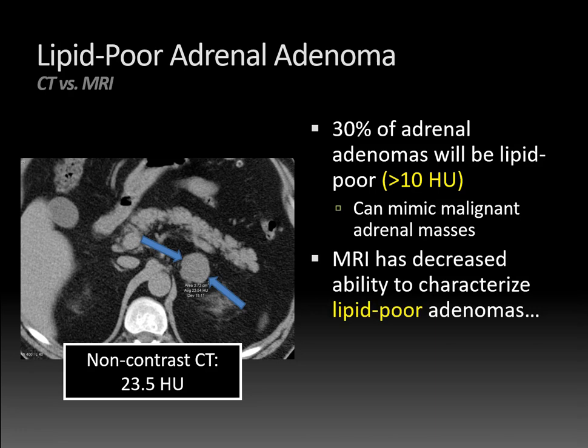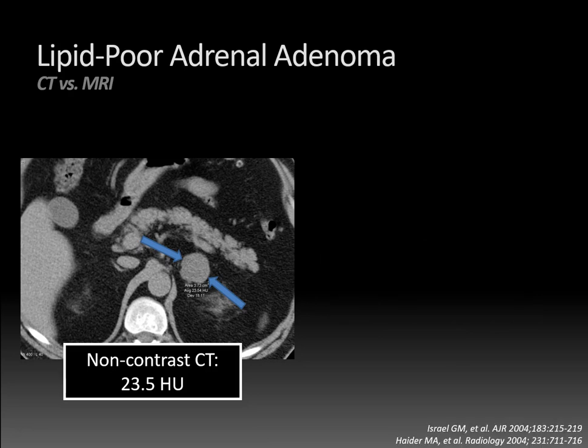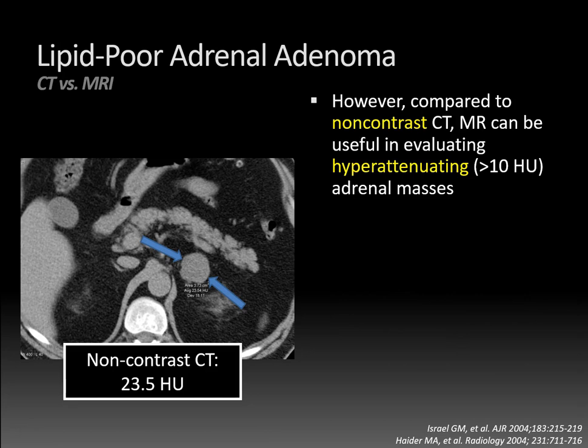And MRI unfortunately has decreased ability to detect these lipid-poor adenomas because the whole mechanism of chemical shift relies on the intravoxel fat, right? Interestingly, though, compared to non-contrast CT, MRI can actually be useful in evaluating these hyperattenuating adrenal masses, meaning nodules that measure more than 10 Hounsfield units.